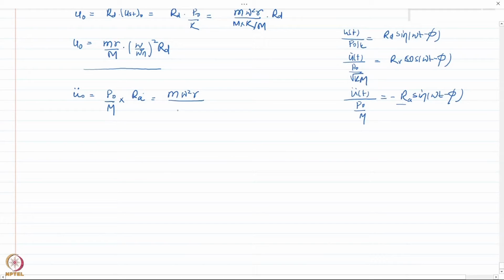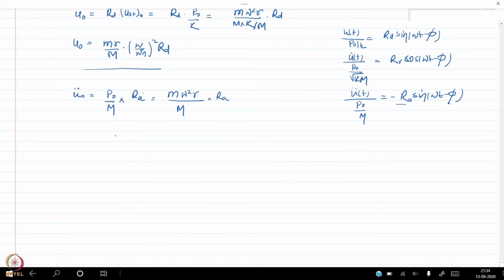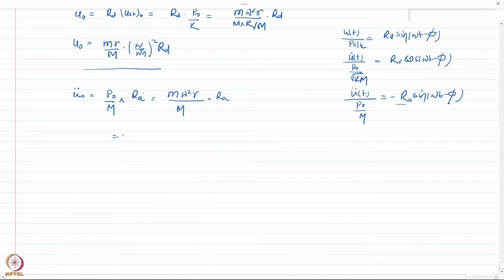So what I would have here is capital M again times RA. And if I'd like, I can further write this as M R omega n square divided by capital M times (omega by omega n) square RA.